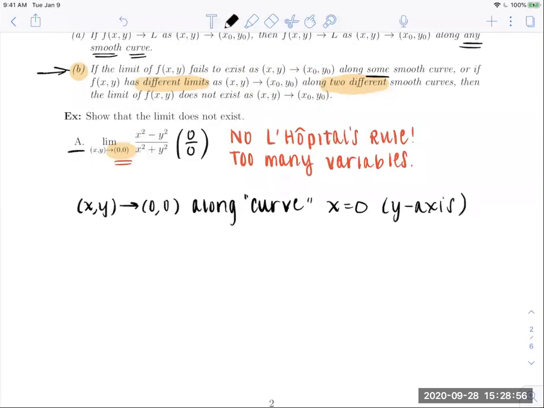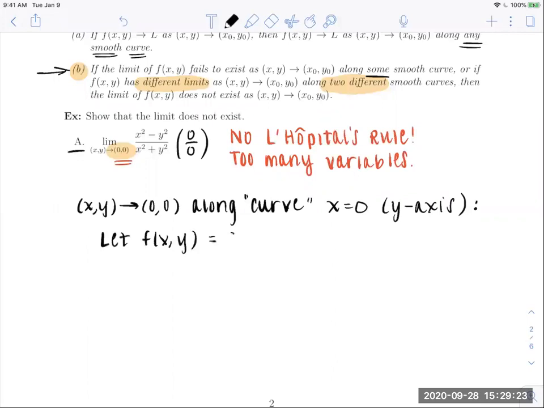So what happens when I approach the origin along the y-axis? What happens to my limiting value here? So I'm going to do the following. This is different than the book notation, so I want to be very clear. I feel like the book doesn't handle these situations very well, so I'm going to introduce kind of a different way to look at these problems. I'm going to let f of (x, y) denote that function inside the limit.